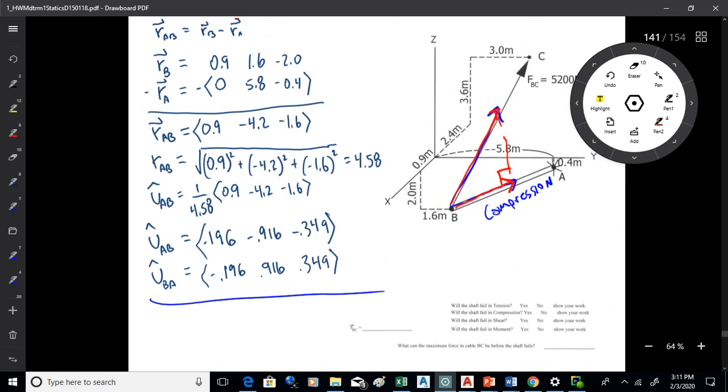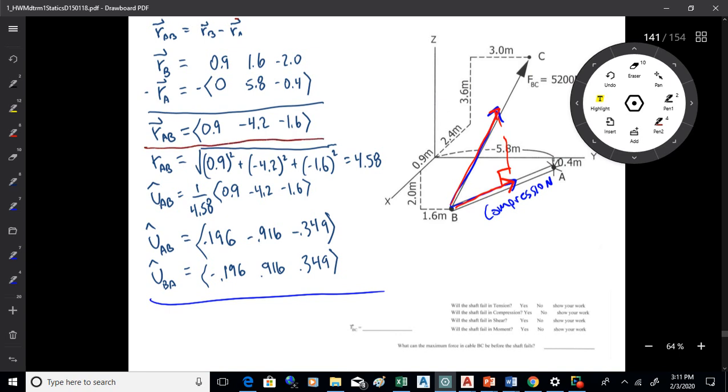Now what we're going to do here, we're going to check both the axial force, which would be a projection, which is a dot product, and also a moment. So I want to get unit and position vectors between A and B. So I decided to go from A to B with my vector. So I took RB minus RA.